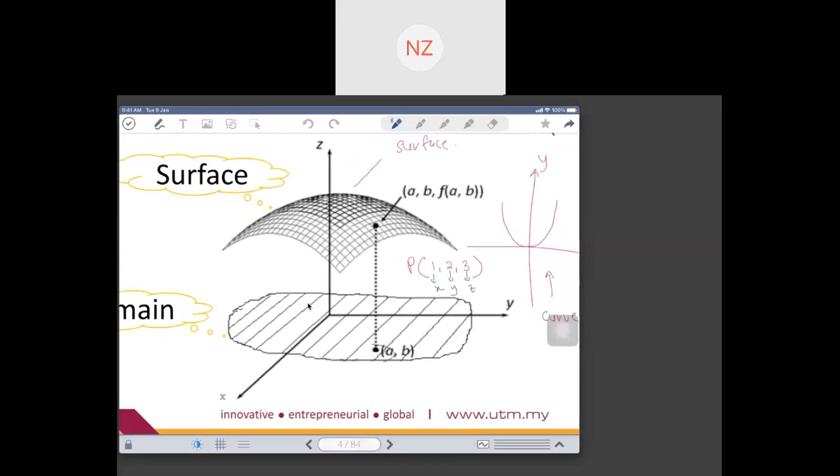Now I want you to find where x equals 1, y equals 2, and z equals 3. Let's say we have the regular, common orientation: you have x here, y here, and z here.